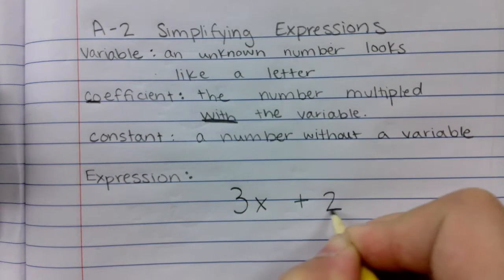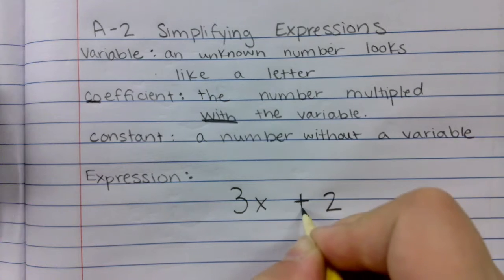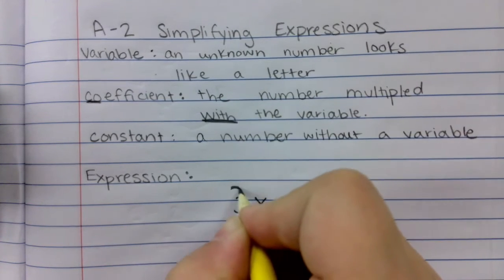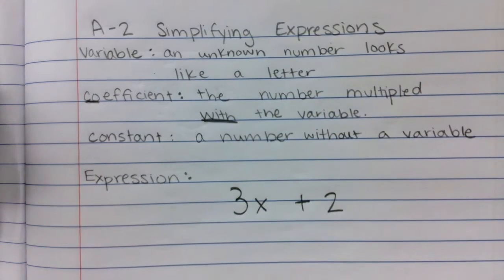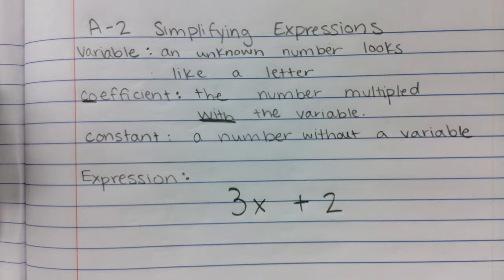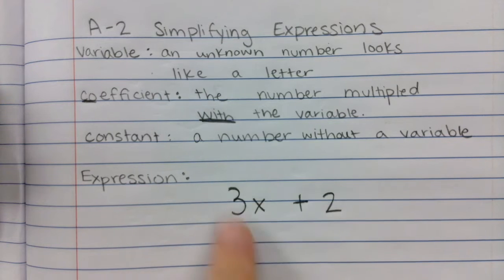And that's an expression because we have multiple parts. And in social emotional skills, showing a facial expression would be like showing that you're happy or that you're sad. That's a facial expression. In math, an expression shows us some part of math. It gives us a little bit of a taste.